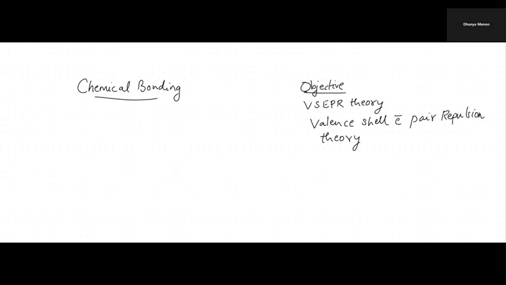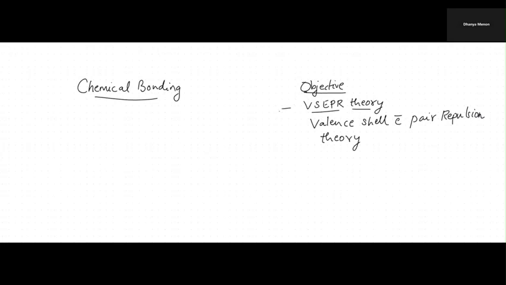Okay, in my previous video we learned about hybridization and how hybridization could guess the geometry of the molecule. Hybridization gives the geometry of the molecules, but it could not tell about the shape of the molecule. So that is why the VSEPR theory came into play.